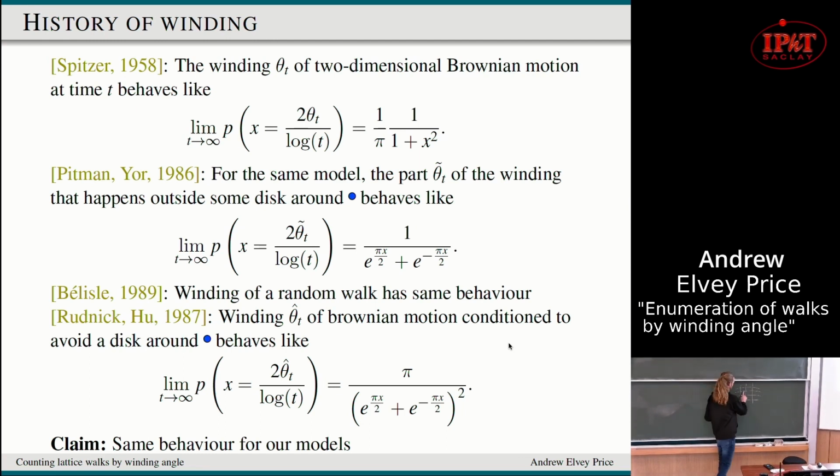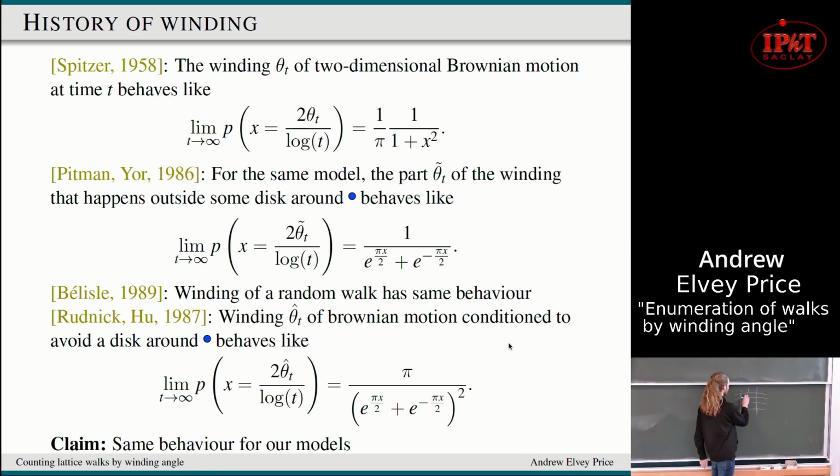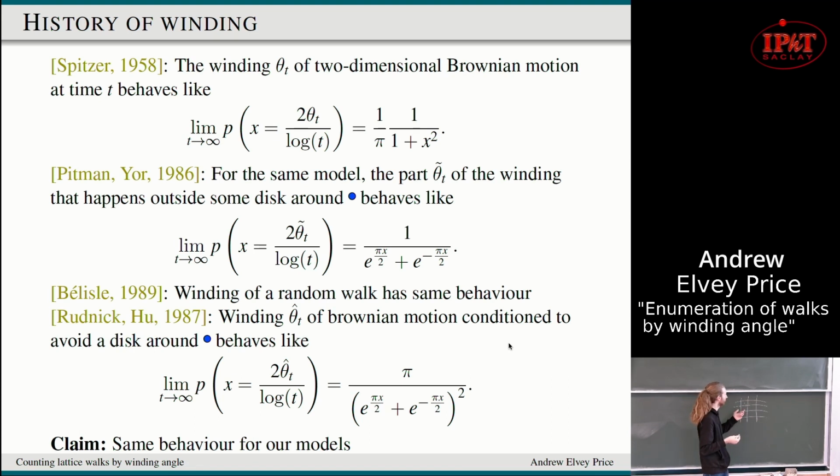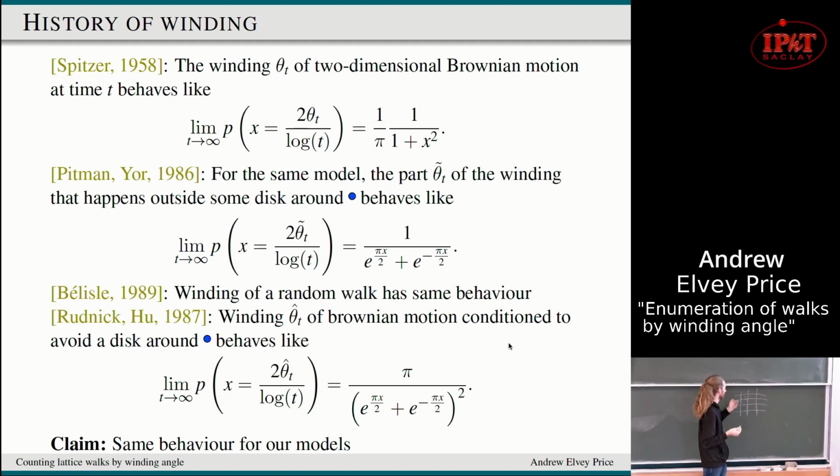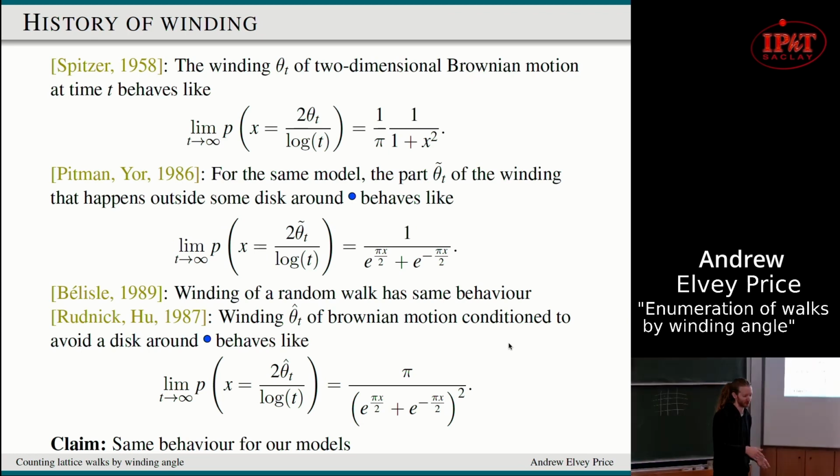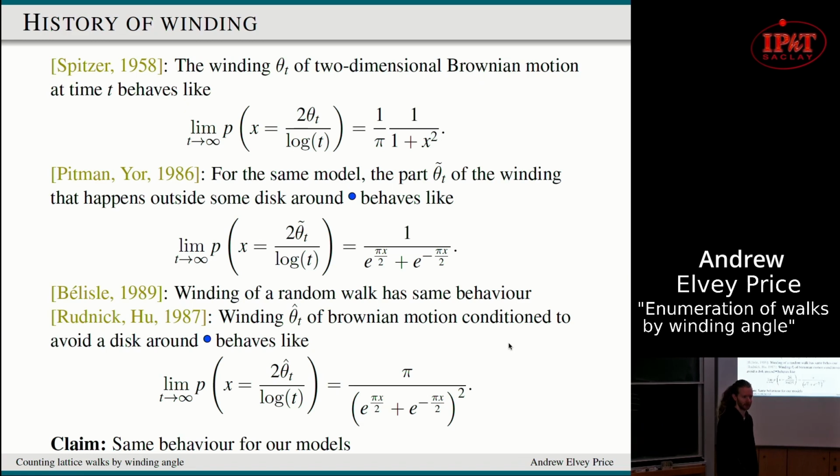What Belisle did was consider winding angle around some point that isn't on the lattice anyway, so the walk itself isn't affected by the fact that you're considering winding. That's the difference between the results. Some of my results also consider points that you can't pass through, and then you get the same results as Belisle, but I'm not going to talk as much about that.